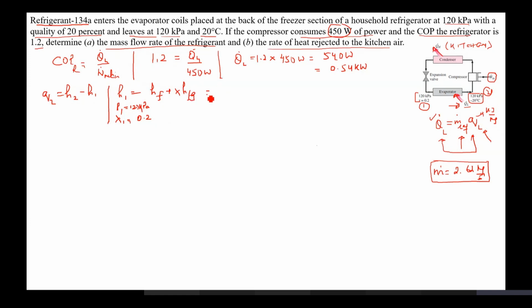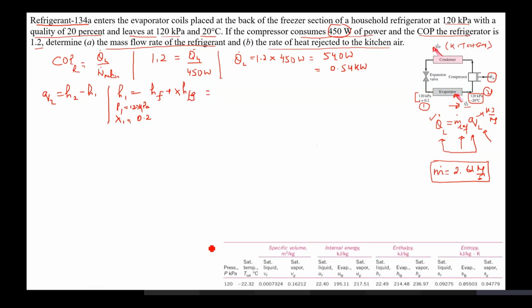This means I'll have to go to the R134 table. My pressure is 120 kilopascal. HF value is 22.49 plus X, which is 0.2, multiplied by HFG, which is 214.48.